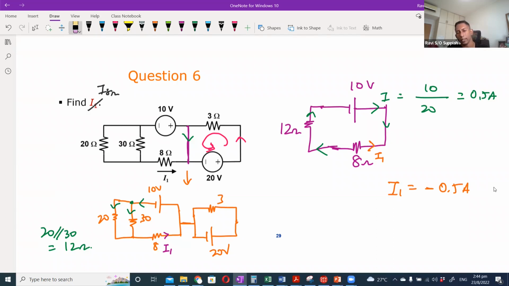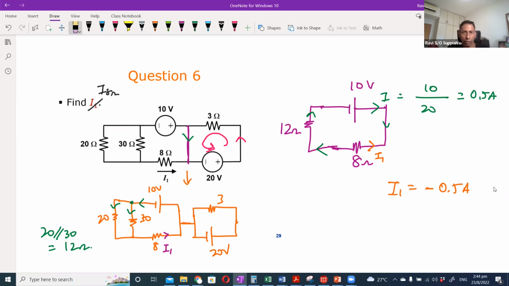Again, similar to the earlier question on the KVL, KCL, when we came up with the expressions, we follow the conventions if it is already given in the question or given in the circuit, whatever direction or whatever polarity is given. If it is not given, then we assume and we can draw.